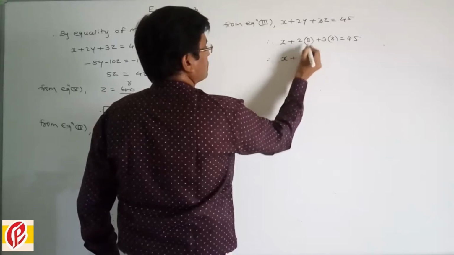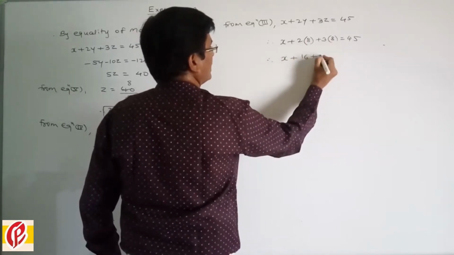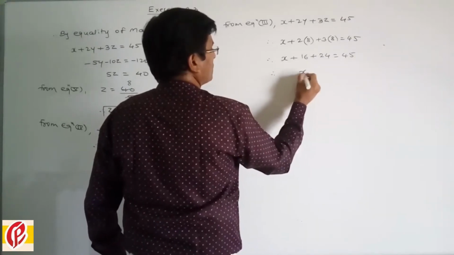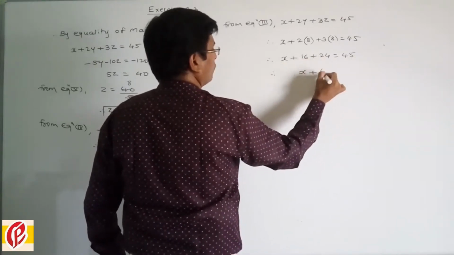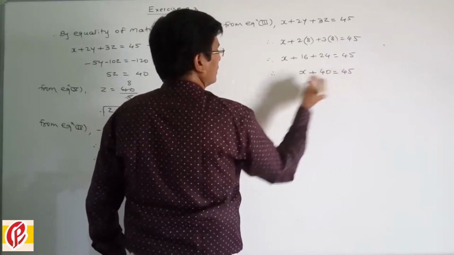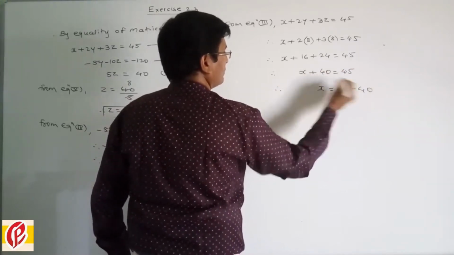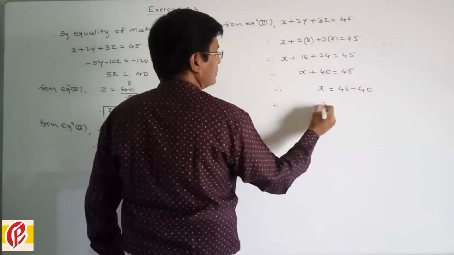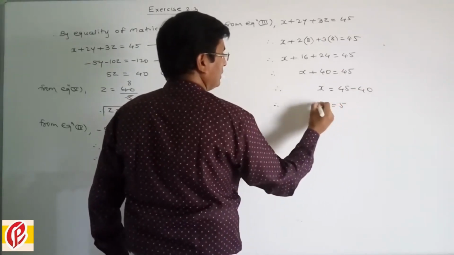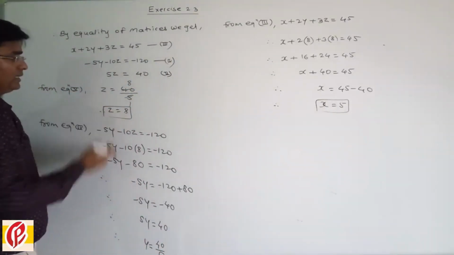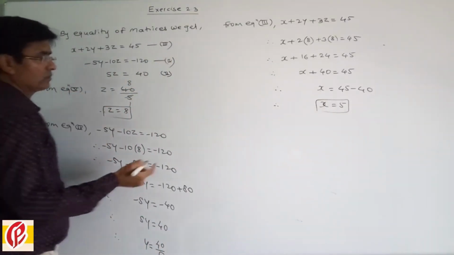So x plus 2 8s are 16 plus 3 8s are 24 is equal to 45. So x plus 16 plus 24, 40, is equal to 45. Therefore x is equal to 45 minus 40. So x is equal to 5. So we get x is equal to 5, y is equal to 8 and z is equal to 8 also.